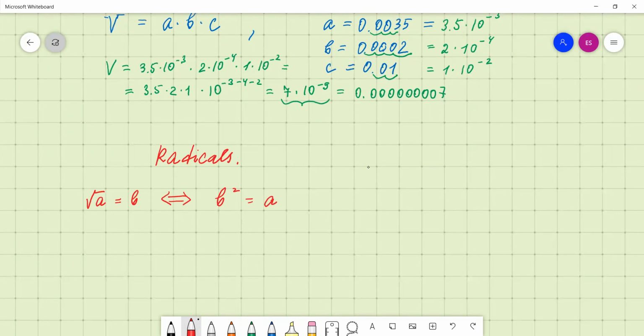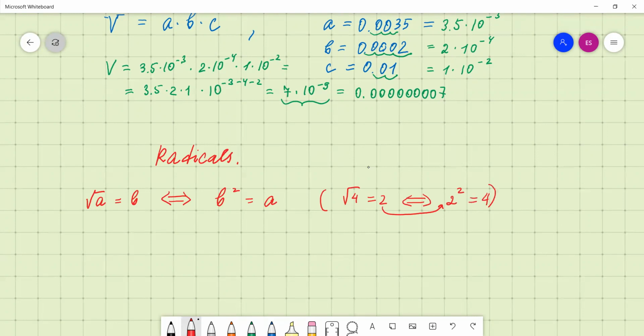So if you extract the square root of 4 and say that it equals 2, it means that you take 2, raise it to the second power, and get 4. We are going to put some restrictions on b for different powers. But for now, I'm just going to give you an example. Square root of 4 equals 2 means that you take this 2, put it in the second power, and get 4.